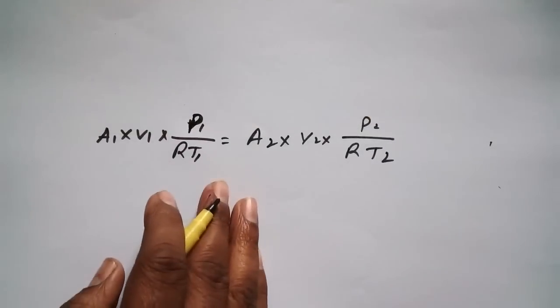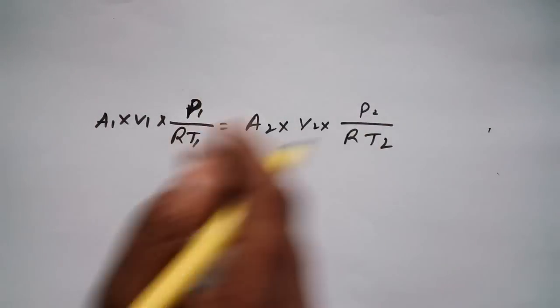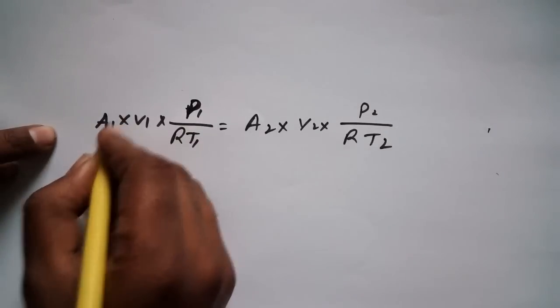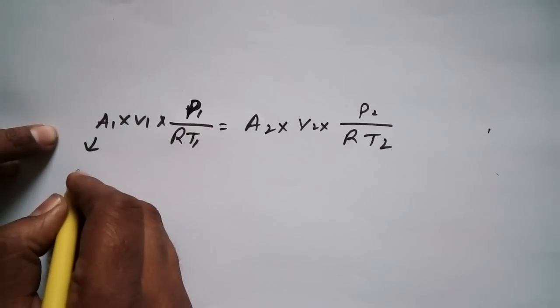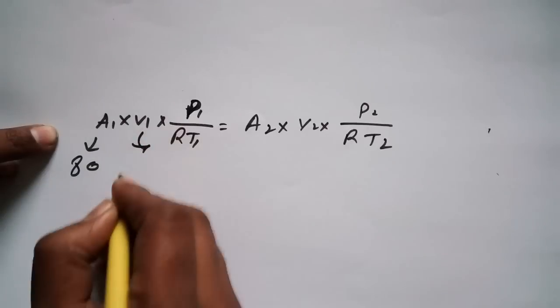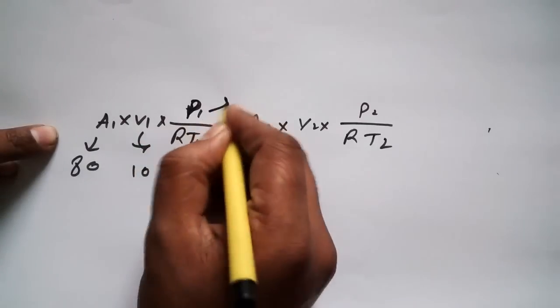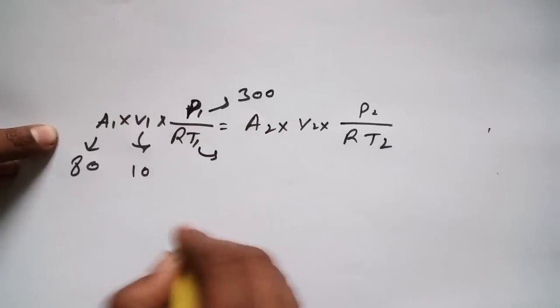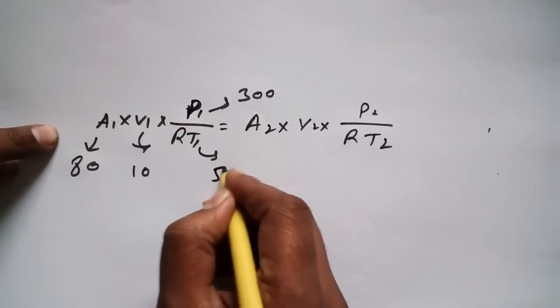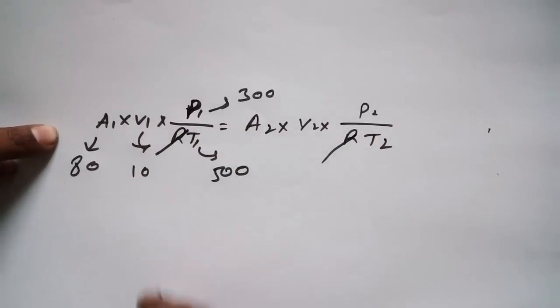Simple. Now we know A1 is 80, V1 is 10, P1 is 300, and T1 is 500. R is cancelled.